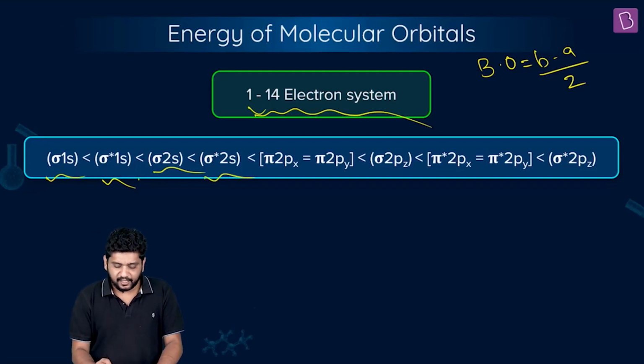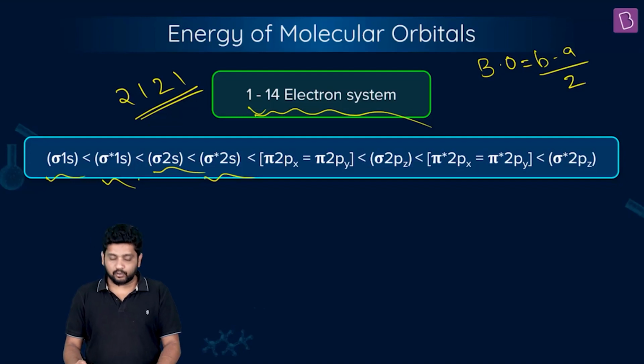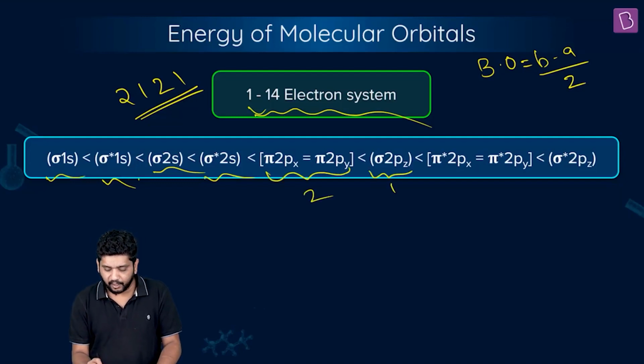After this, how I remember it is 2 1 2 1. The trick to remember is: less than 14, 2 1 2 1; greater than 14, 1 2 2 1. What do you mean by 2 1 2 1? This is basically my 2, my 1, my 2, and my 1.